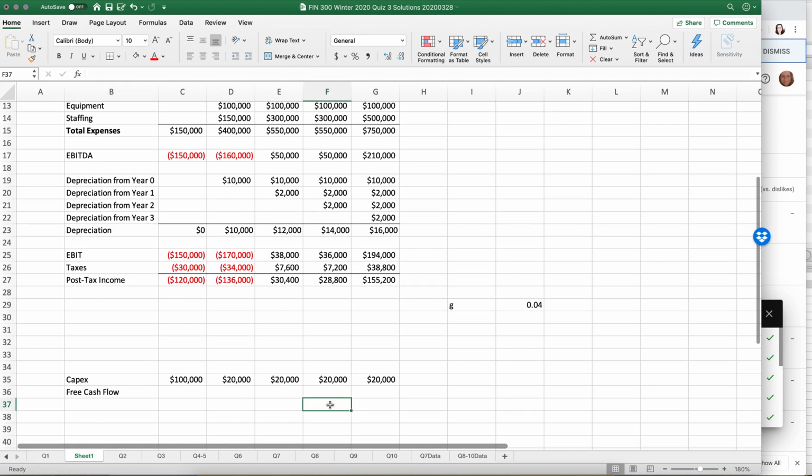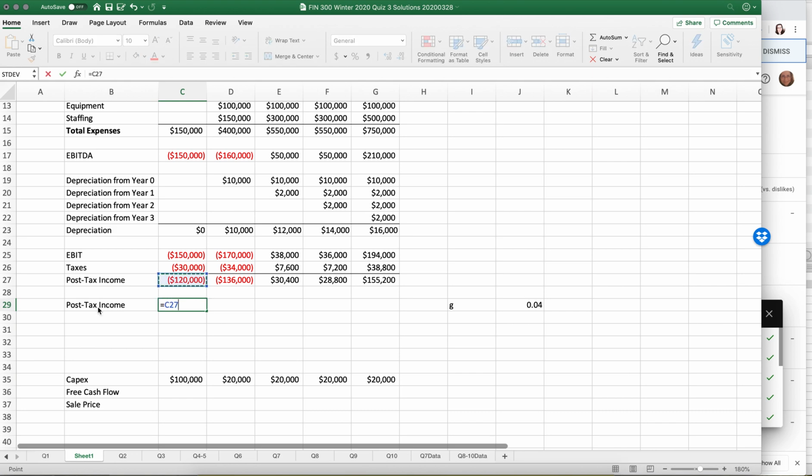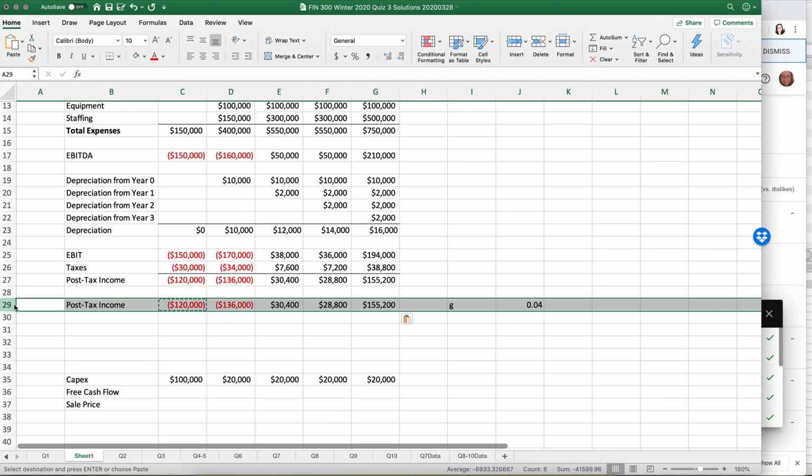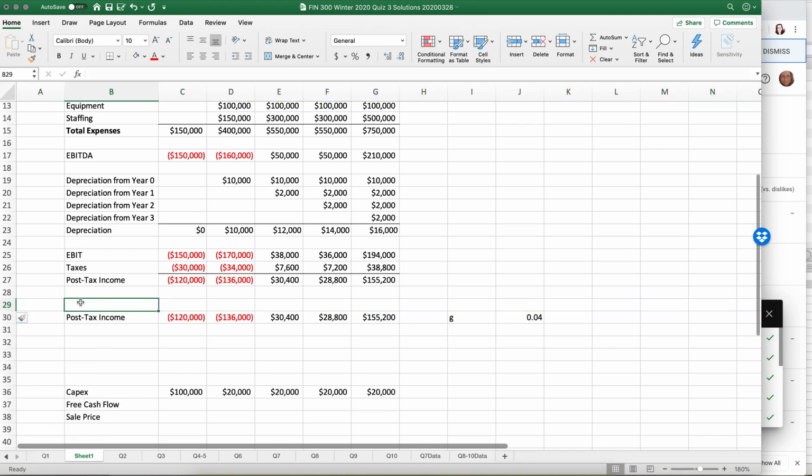And somewhere in here, so let's say this is the cash flow for year 4, there's going to be a sale price. Okay, so our post-tax income is going to be this line. And just so we're clear, this is the free cash flow calculation.